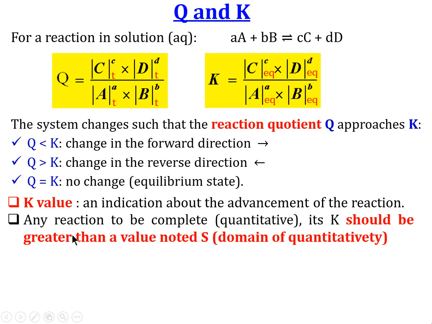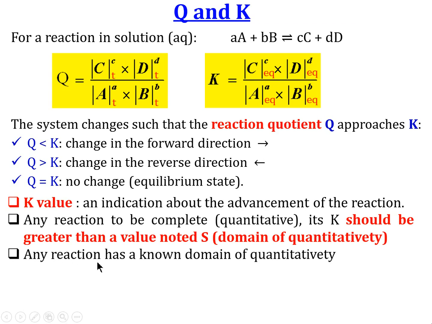It should be compared to a value noted as S, which is the domain of quantitativity for this reaction. And if K is greater than this value of S, this reaction may be considered as complete or quantitative.